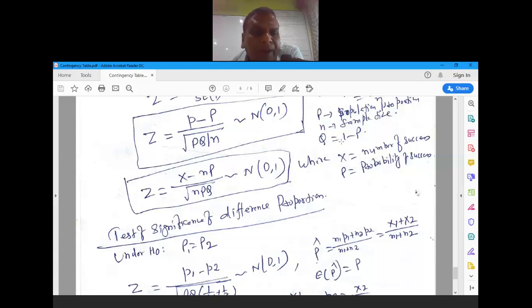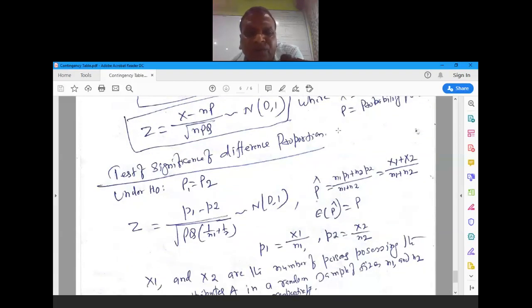The second application you may write as test of significance of difference of proportion. Under the null hypothesis, H naught: P1 is equal to P2.